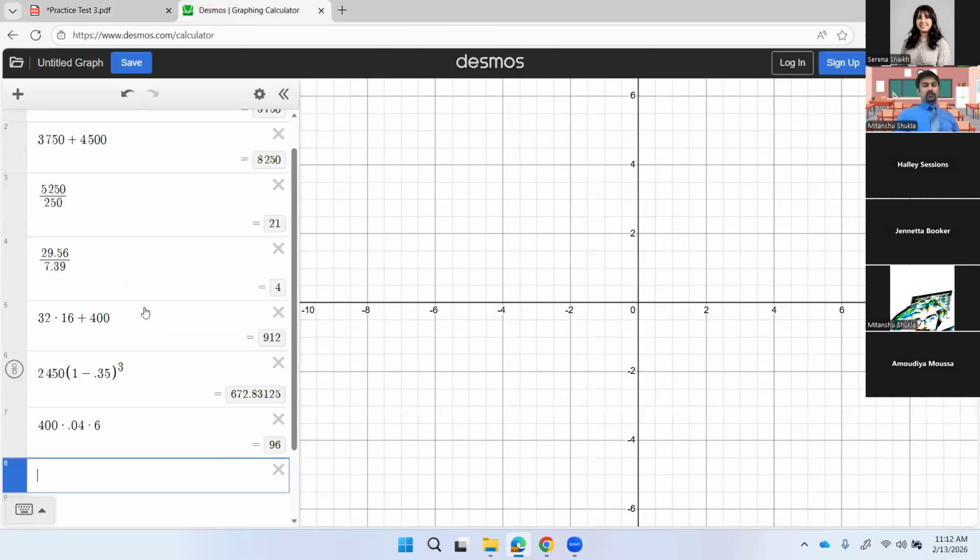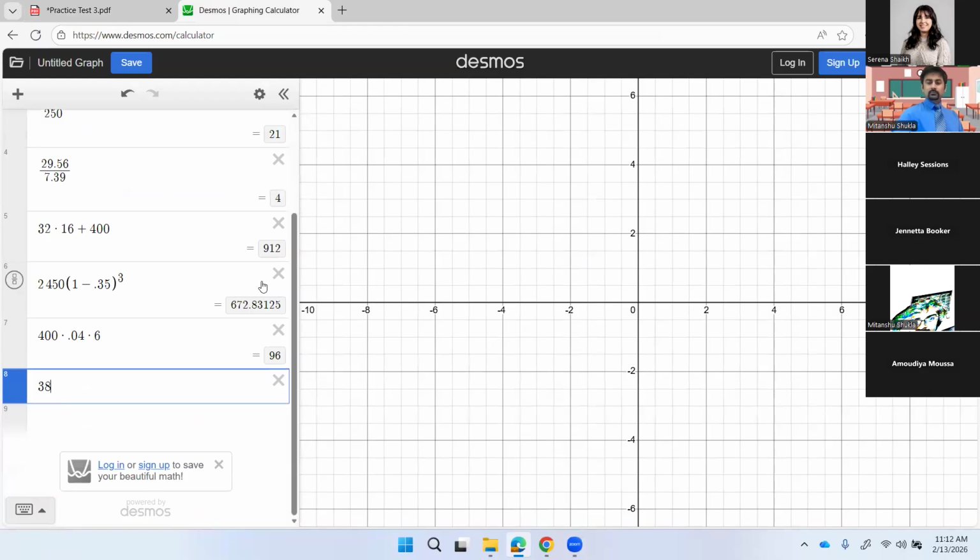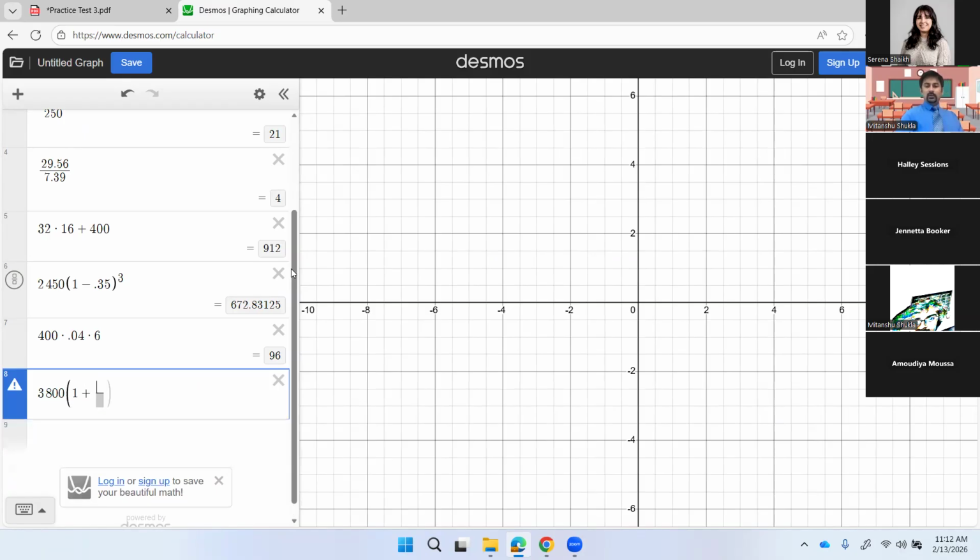And we plug all this in our calculator. So we're going to do 3,800 times 1 plus our rate, which is 0.0141. The number of times that we compound is 365.